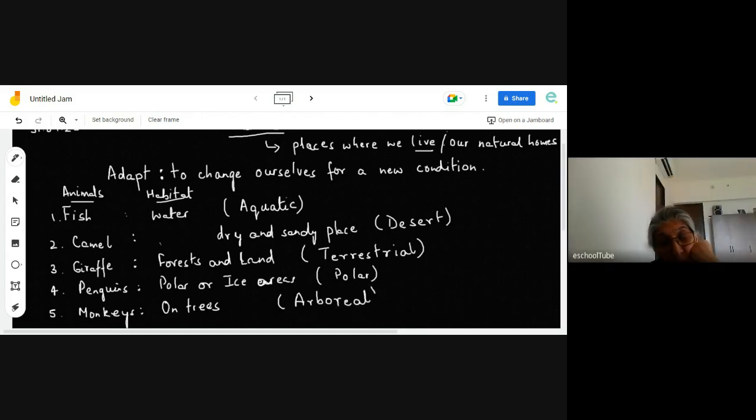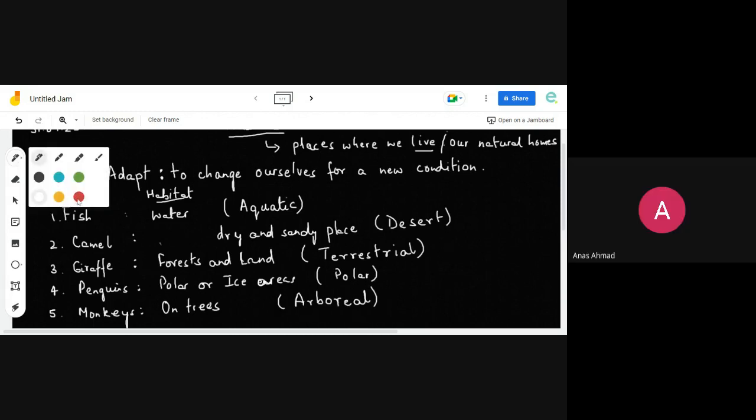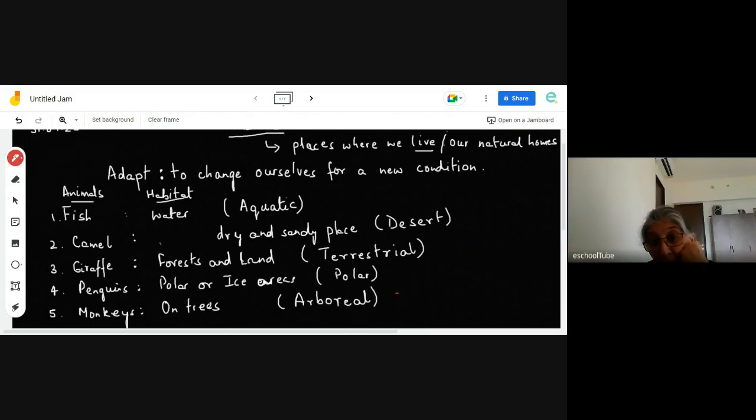Very good. Arboreal. What do we call it? Arboreal. This is terrestrial. Terrestrial.